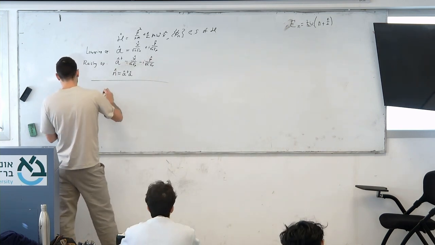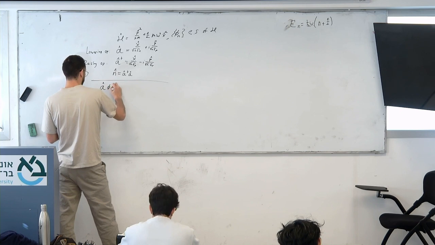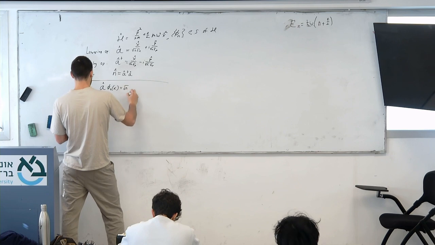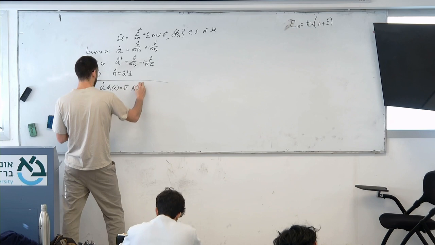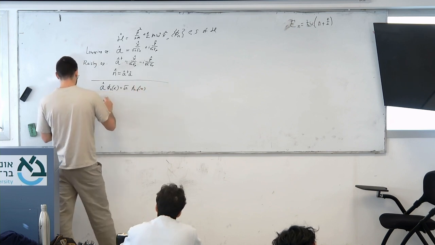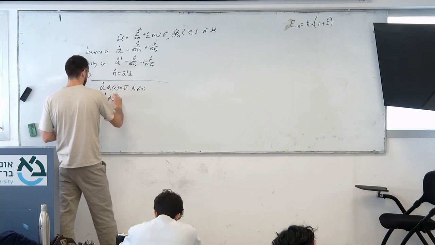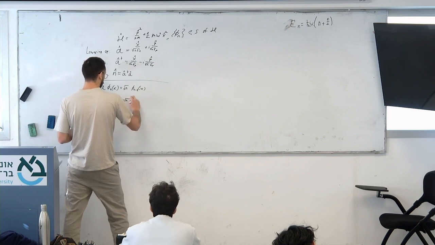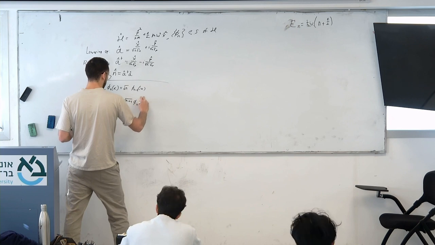We can write that the A operator on phi n of x is equal to square root of n phi n minus 1 of x, and A dagger on phi n of x is equal to square root of n plus 1 phi n plus 1 of x.